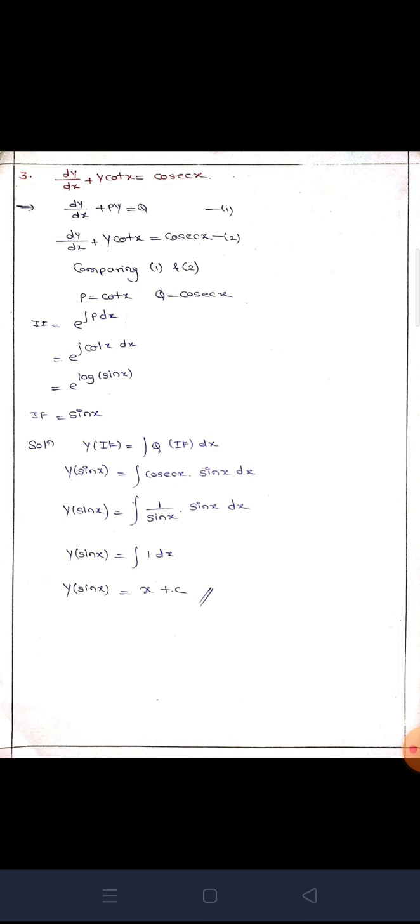So in the next step we replace cosec x by 1 upon sin x into sin x dx. Then I will cancel sin x with sin x. So what is remaining? Integration of 1 dx, and integration of 1 is nothing but x. So y sin x is equal to x plus c. This is the solution for the given differential equation.